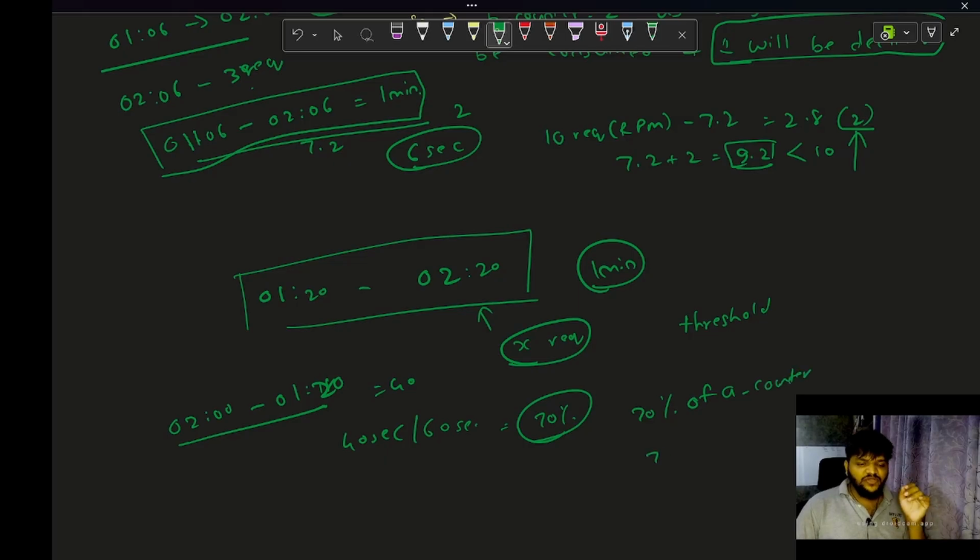So 70% of A counter, that is 70% of 8 requests, because my A counter value was 8. So 70% of 8 requests is 5.6. So now for this window 0120 to 0220, 10 minus 5.6 is equal to 4.4, which rounds off to 4. So I can entertain only 4 requests.